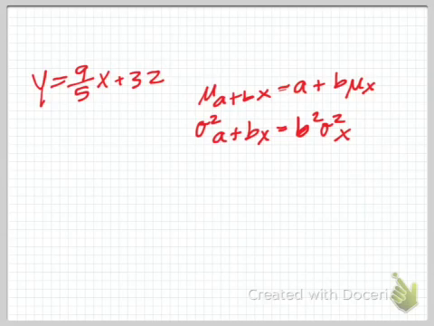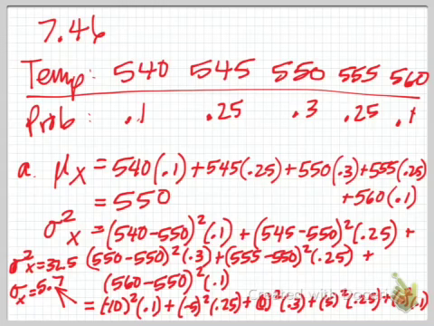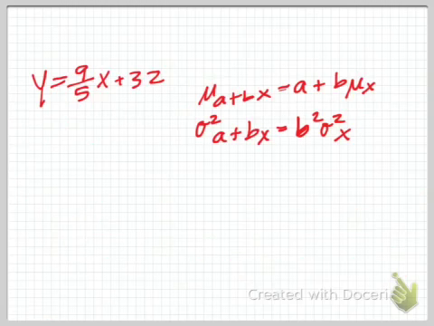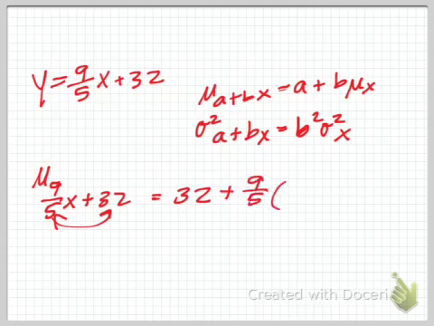So if our mean is, let's go back, what was our mean? Our mean was 550, like we wanted. Then the mu of 9/5 x plus 32 will be 32, I wrote that backwards, so it would have been switched. 32 plus 9/5 times 550.